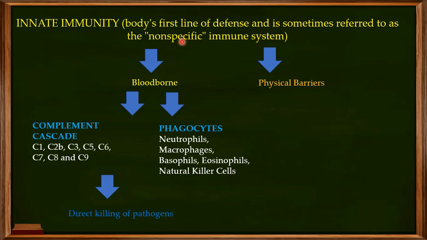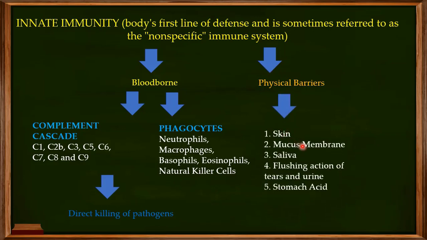The other component of the innate immunity is the physical barriers. These physical barriers can be the skin, the mucous membranes, the saliva, the flushing action of the tears and urine. And the stomach acid, they are actually the physical barriers, and they are one of the subcomponents of the innate immunity.